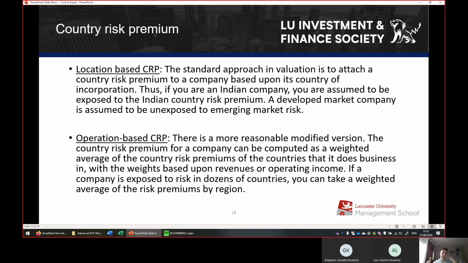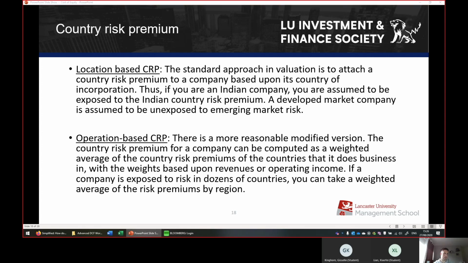Let's say in Europe, people decide that iPhones are not good for them, then their revenues will decline significantly because they're selling to Europe. So you have to look at the company when you're deciding whether to look at their location or their operation base, to figure out which one to use to weight the country risk premium.